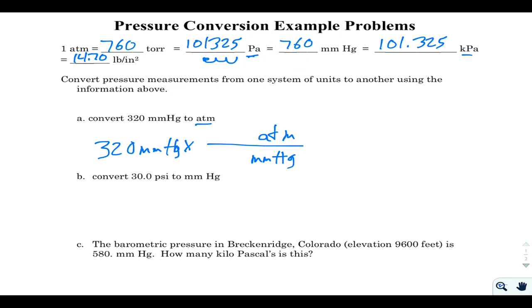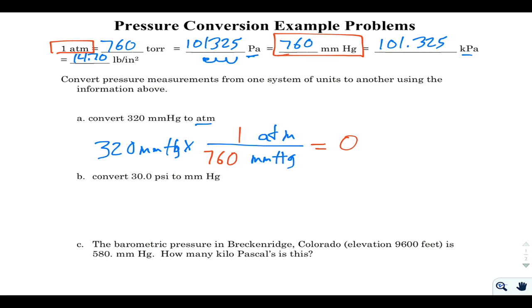So looking at our conversions, right, we know that 1 ATM is equal to 760 millimeters of mercury. So on the side that has millimeters of mercury, right at the bottom, we put the 760. On the top, we put a 1. And now you're going to take 320 and you're going to divide it by 760 because it's on the bottom of the fraction.